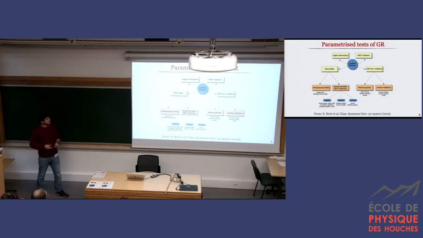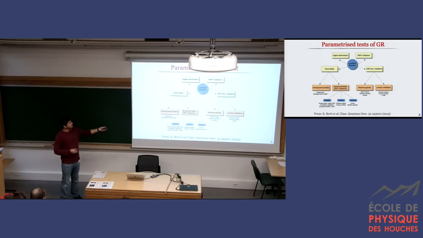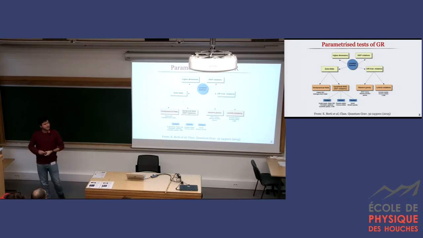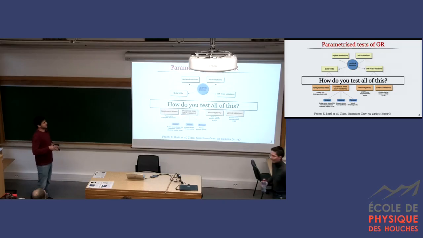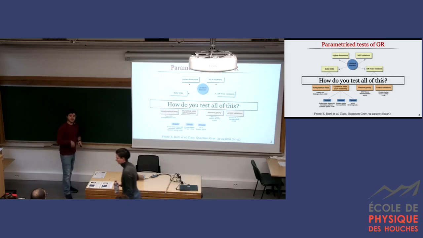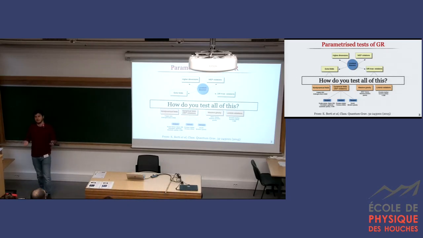In reality, when you start breaking GR in this way, you really start having a lot of theories, right? And it's really impractical to try to work with each one of these theories, test them, constrain them and perhaps rule them out. So the big question is actually how can you test all of these, in a practical sense.